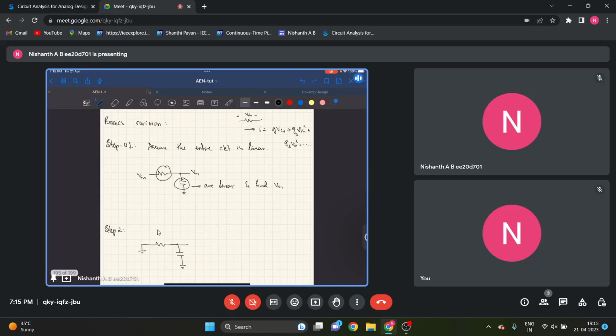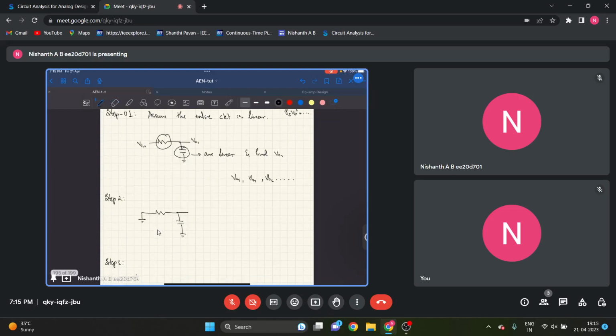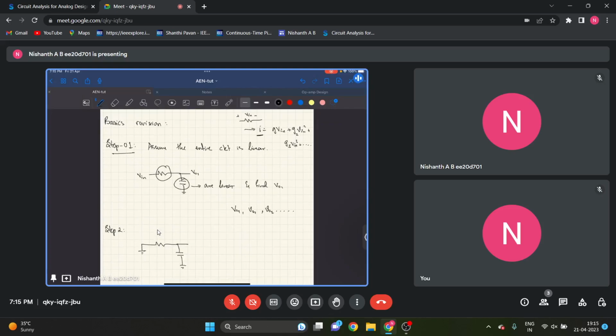Because of this, the output current through the resistor, you expect obviously a linear term, a second harmonic, a third harmonic, and so on, right? Provided a pure sine wave to the filter. So basically, hence, in step 1, you assume G2 and G3 are 0 and find VO1.